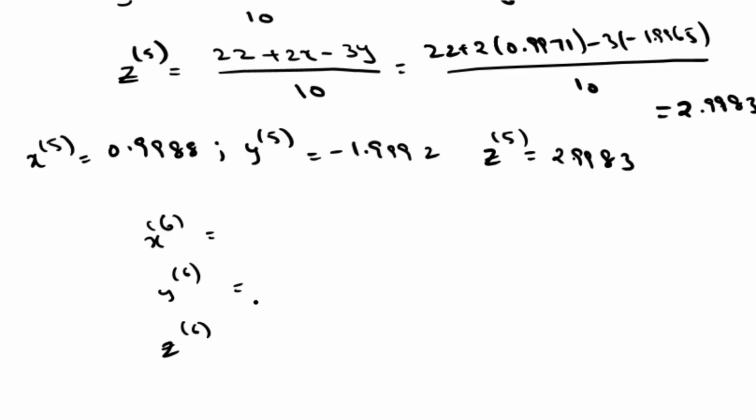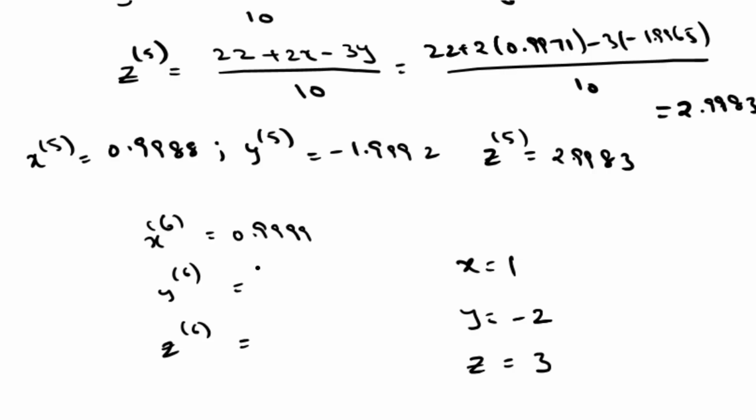By observing the values, if we get the same values, the corresponding answers are x equals 1, y equals minus 2, z equals 3.